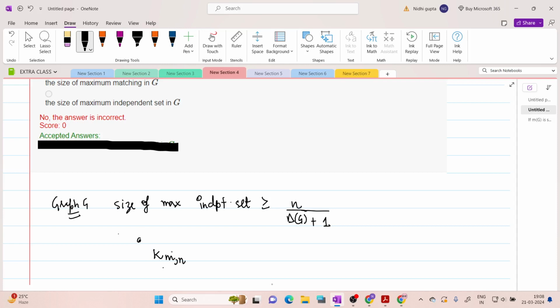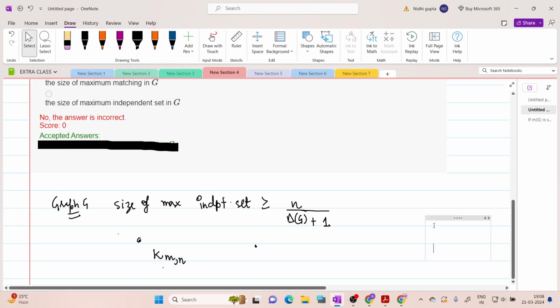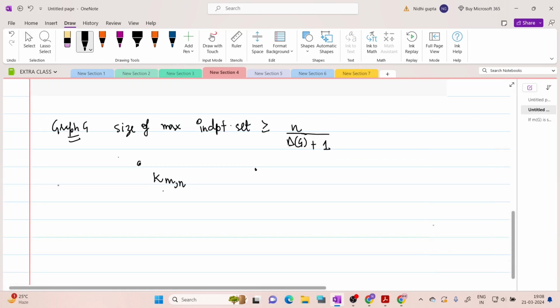In KMN, what is the size of the largest independent set? It depends upon M or N, whichever is the largest.